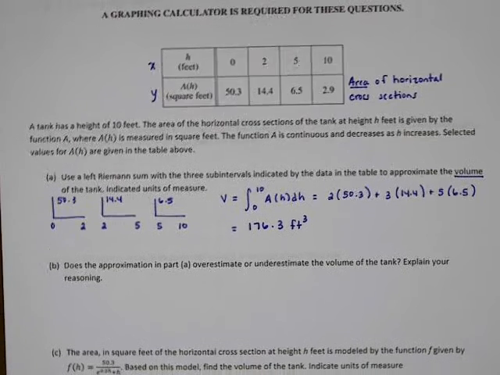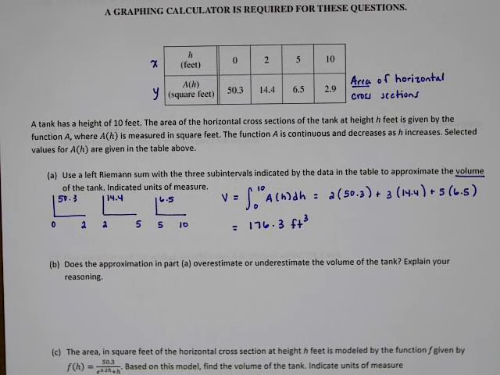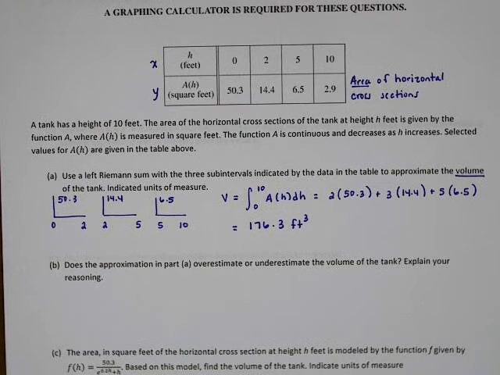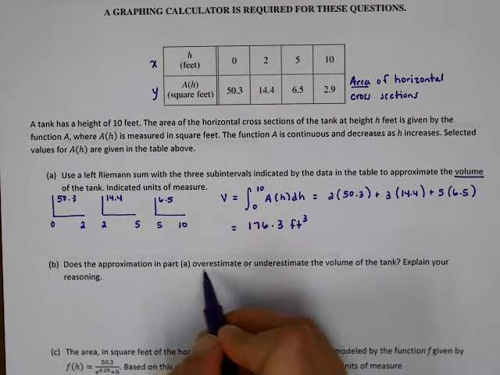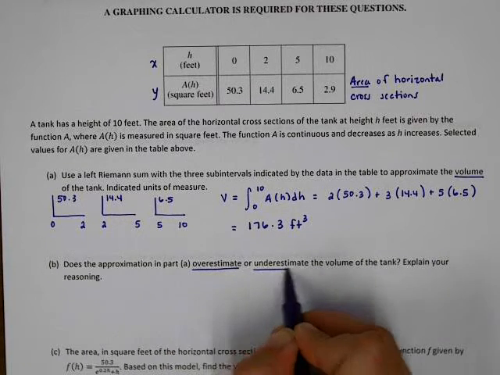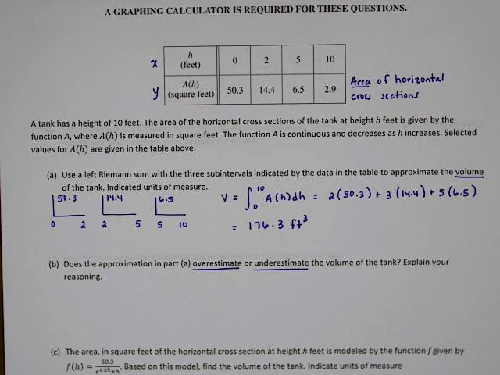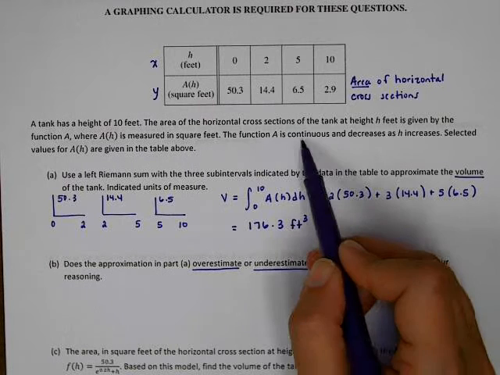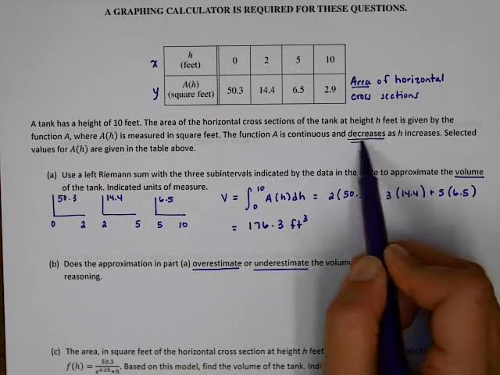In part B, it says, does the approximation in part A overestimate or underestimate the volume of the tank? As soon as I'm asked whether a Riemann approximation is an overestimate or an underestimate, I know that I need to look at the shape of the graph. If I go back to the original instructions, it says the function A is continuous and decreases.